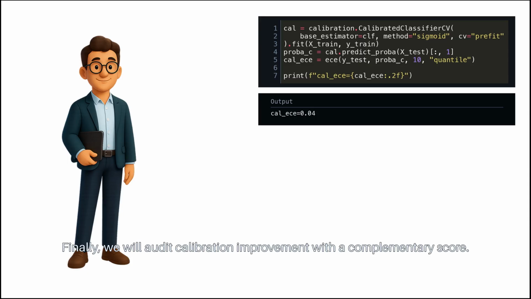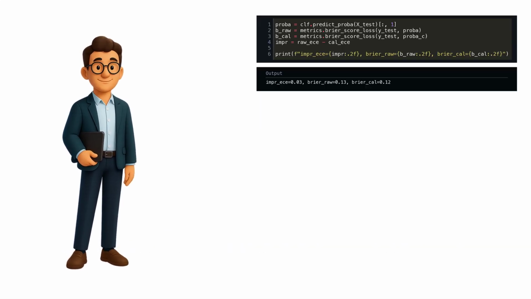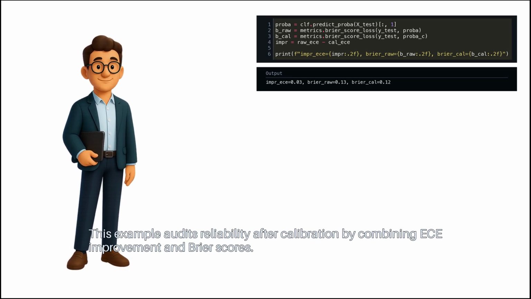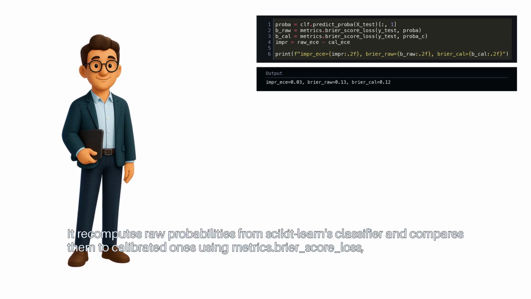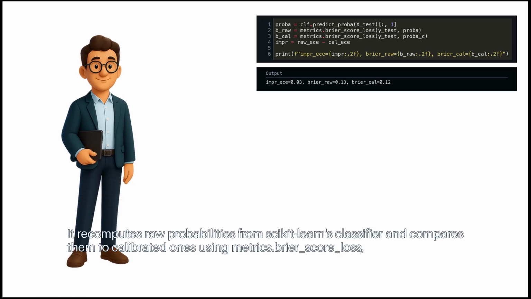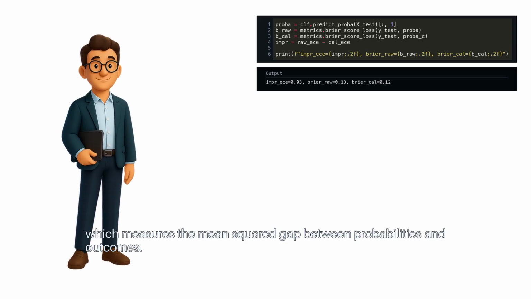Finally, we will audit calibration improvement with a complementary score. This example audits reliability after calibration by combining ECE improvement and Brier scores. It recomputes raw probabilities from scikit-learn's classifier and compares them to calibrated ones using metrics.brier_score_loss, which measures the mean squared gap between probabilities and outcomes.